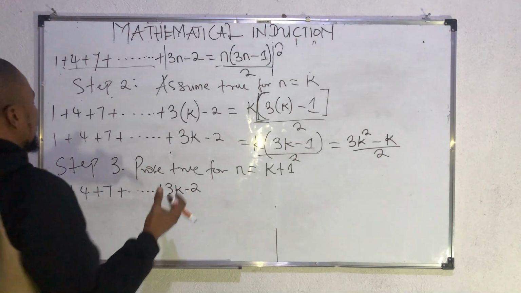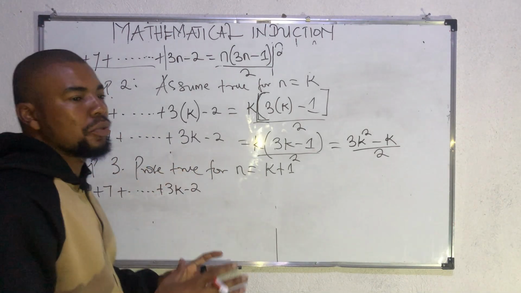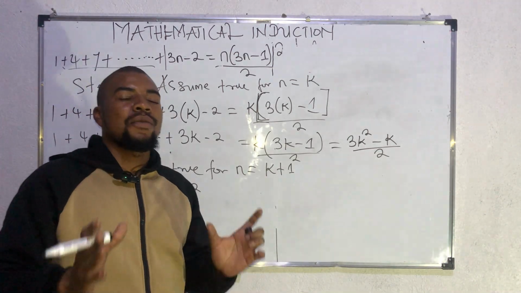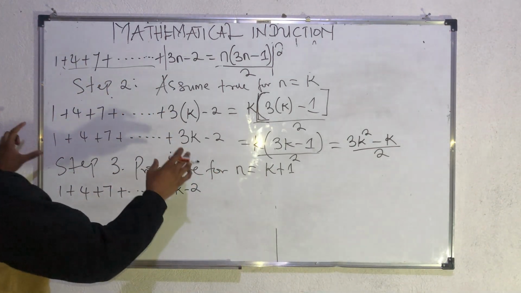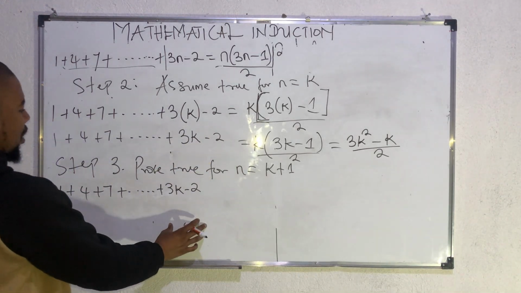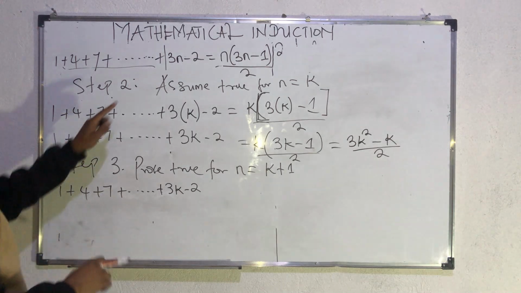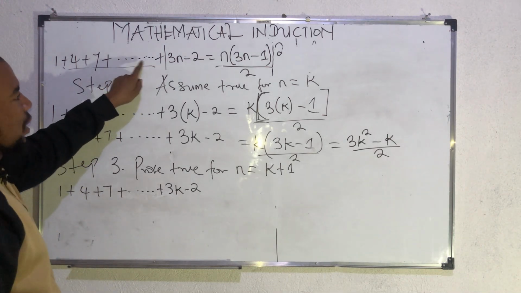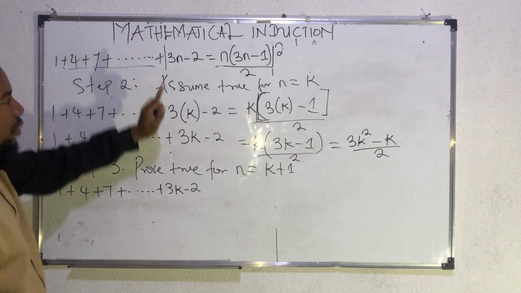Once you're done with your assumption step and you want to prove true for n equals k plus 1, go to your assumption step, copy it down. After copying it down, you now go back to the original mathematical statement on the left part and replace the n with k plus 1 as you copy it down.